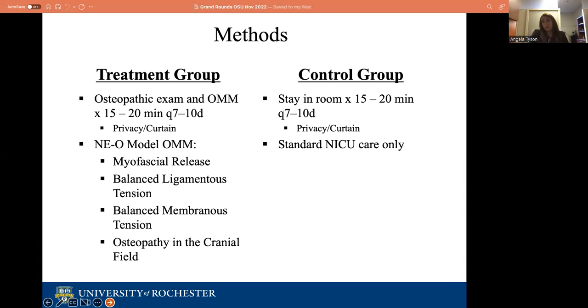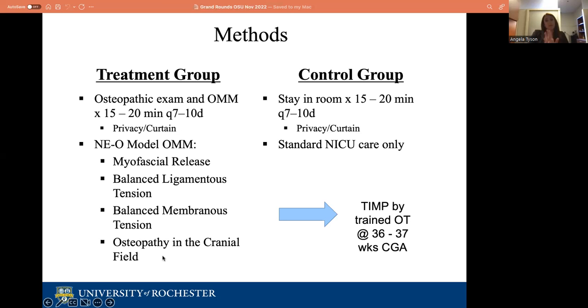And then the control group, they're cute. They just get stared at. So I stand behind that curtain, same timeline, same frequency. And then they just get standard of care. I don't touch the babies unless they have an event. So that's how this is done.